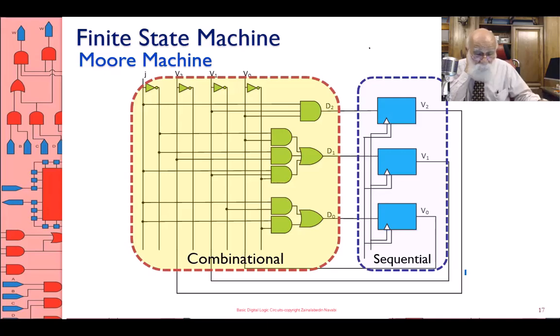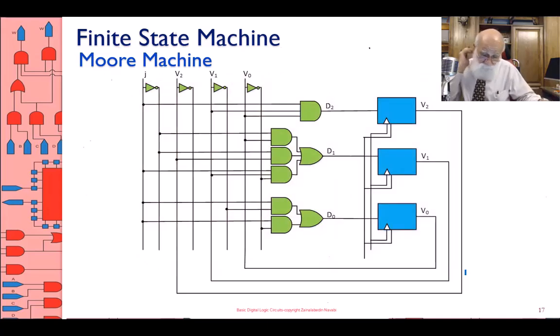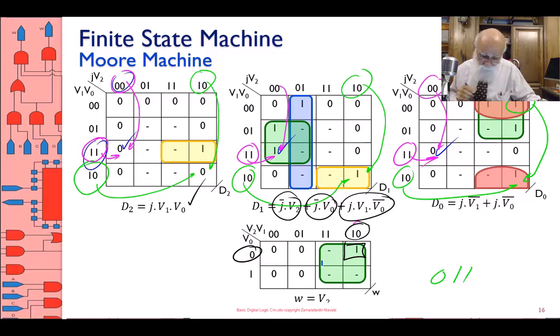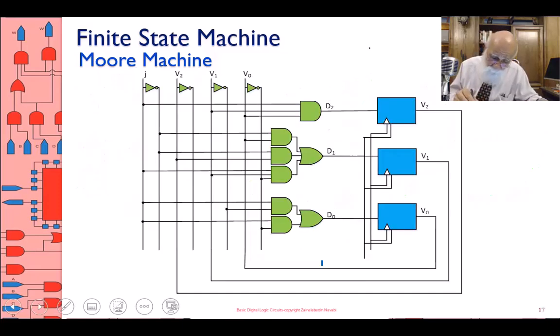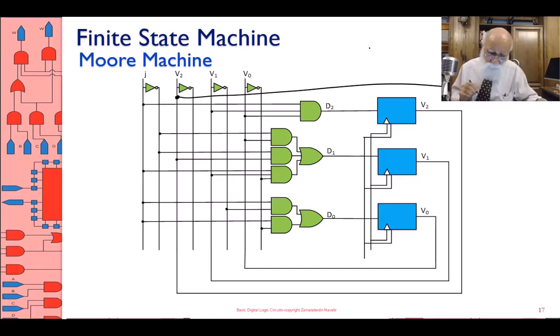I haven't shown the output. V2 is the output, and this is the, what did I name the output? W. How does my circuit look? My circuit looks like this.